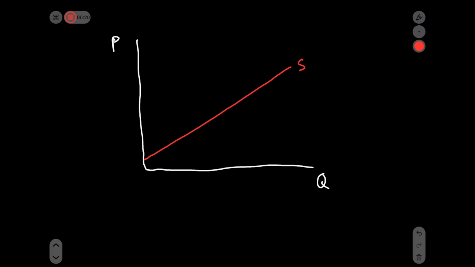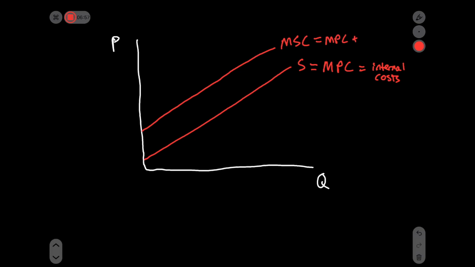And in this case, the supply function is equal to the marginal private costs. In other words, just internal costs for our suppliers. And as a result of this negative externality, there is a true marginal social cost curve that equals the internal costs, or we could say the marginal private costs, plus some external costs.